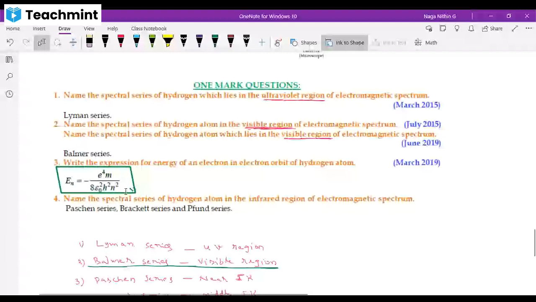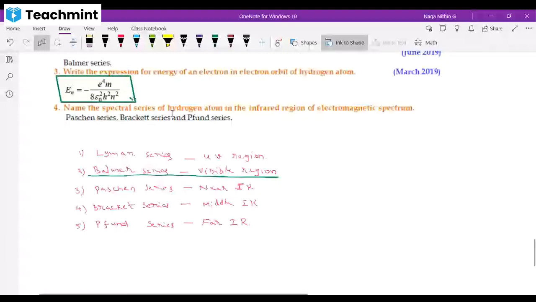Next, name the spectral series of hydrogen atom in the infrared region of the electromagnetic spectrum. Paschen series will be there, Brackett series will be there, Pfund series will be there. All are lying in the infrared region.